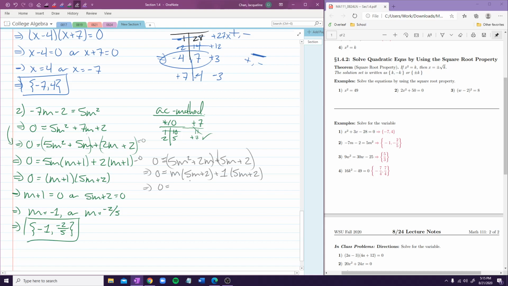They'll just keep it here, and then some wonky stuff happens, and they end up messing up. But if I factor out that 5m plus 2, then I'll get m plus 1. Even if I distribute this back in, I do get this. So as you can see, same thing. The only difference is that this and this are switched. But multiplication is commutative, so it doesn't change it.